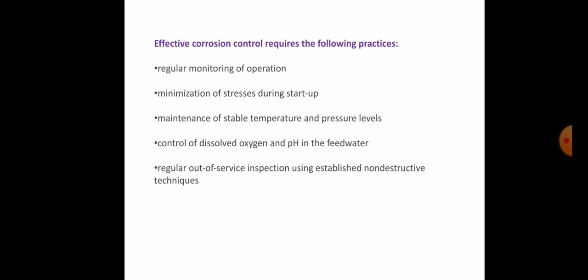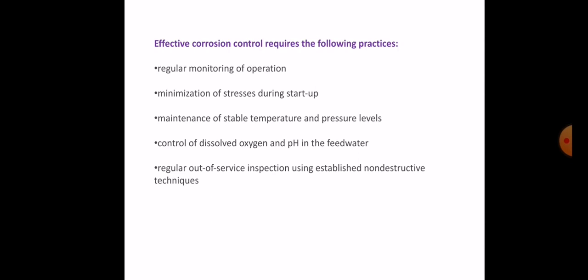Second, minimization of stress during startup, meaning whatever stresses fall on the boiler should be minimized. Third one, maintenance of stable temperature and pressure in the vessel. Maintenance is required for the boiler; time to time maintenance will give the best results.